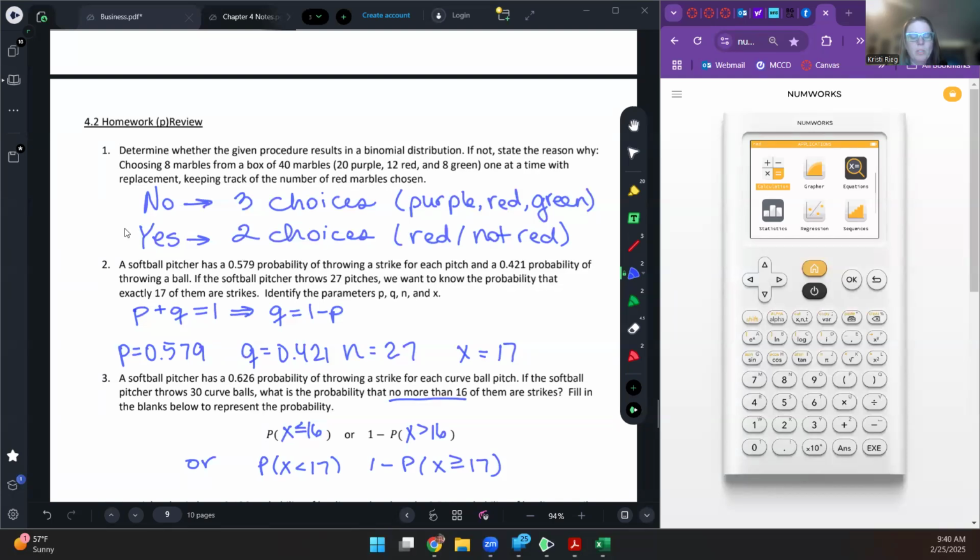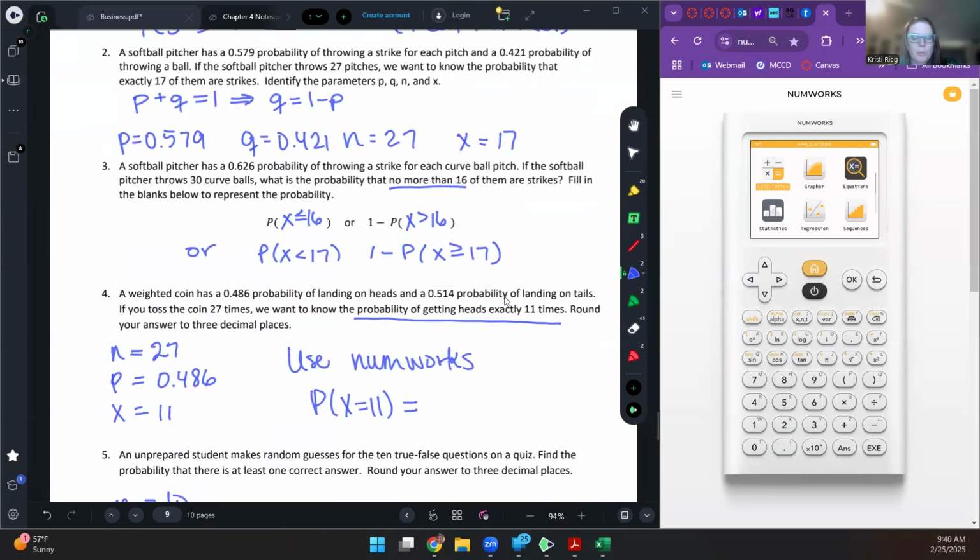However, if you said, the way I would do this problem is I'm going to pull a marble out and I'm going to write down, is it red or is it not red? Then you just have 2 columns. So that's binomial distribution because it has only 2 choices. So whether you said no or whether you said yes, you might be right. It just depends on your reasoning.